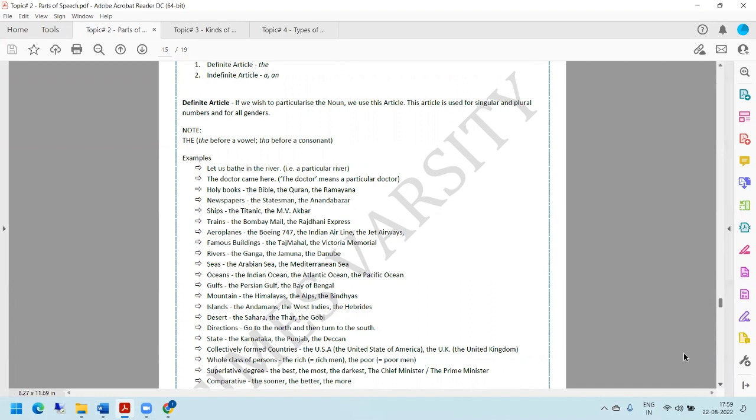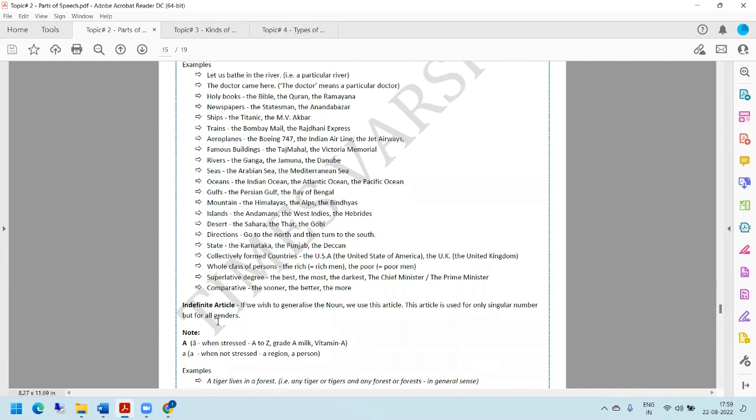But in this case, the indefinite article, if we wish to generalize the noun, we use this article. This article is used for only singular number, but for all genders. Okay, only singular number, but for all genders.